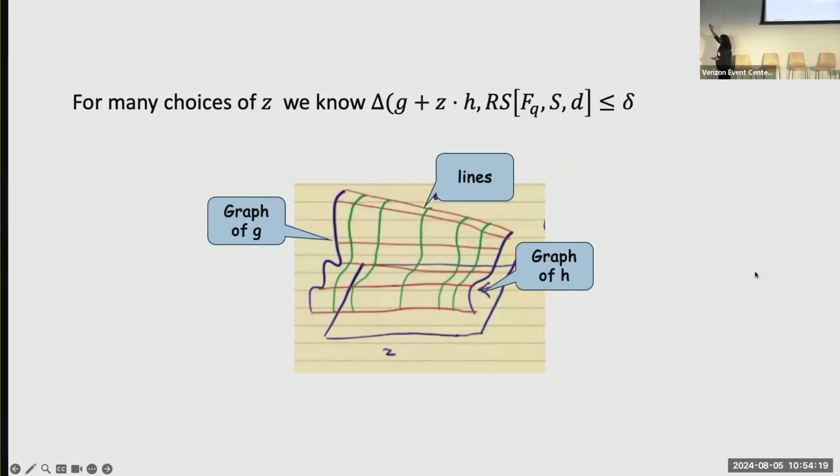And now we get this weird surface, and we're looking at cross sections of this surface for different values of Z. And we know that for many values of Z, this weird curve that we get is close to a low degree polynomial. And we want to deduce that the entire surface that I have drawn here is somehow close to a low degree surface.